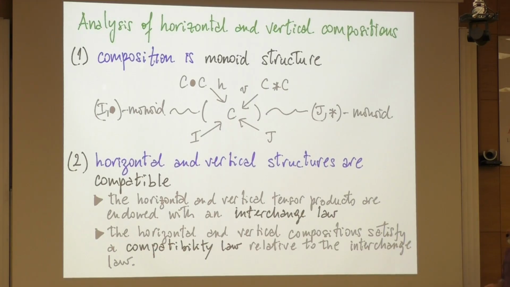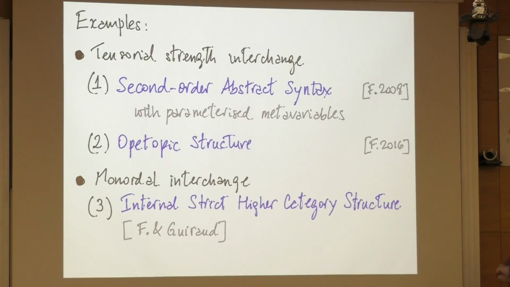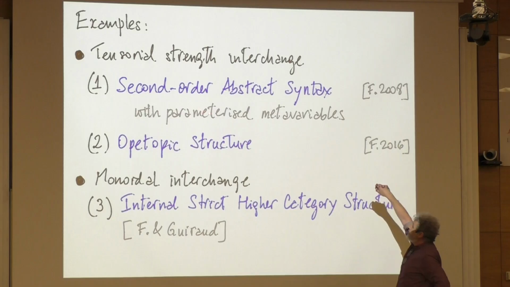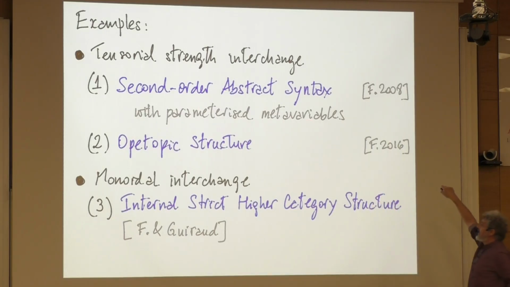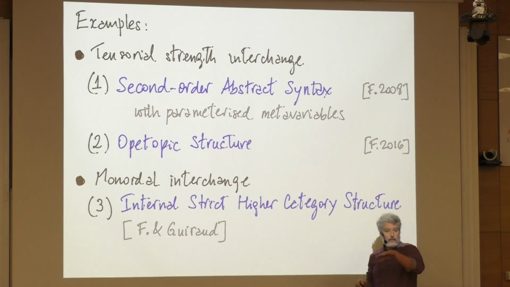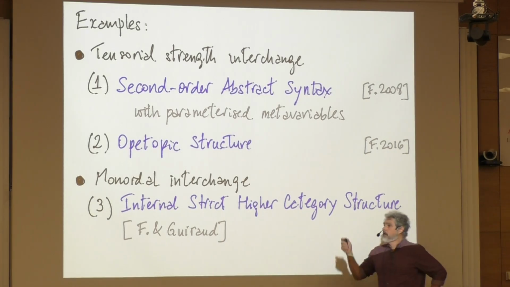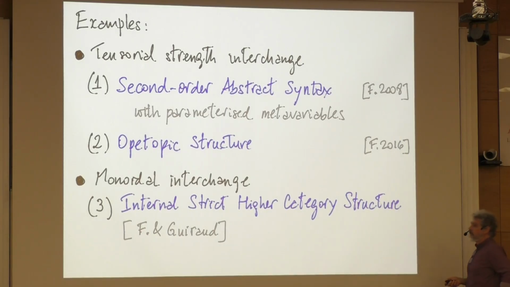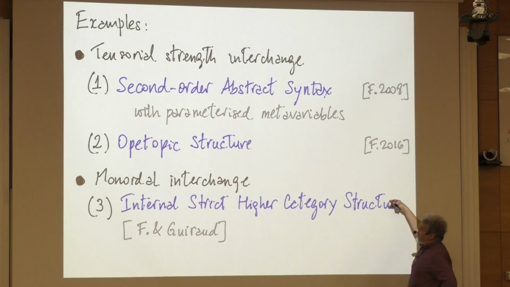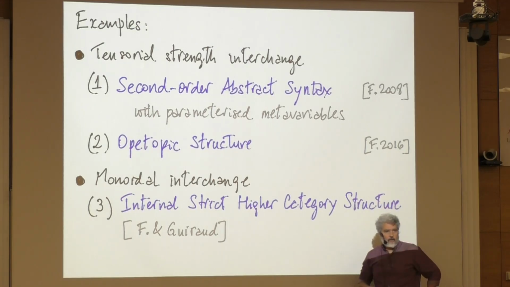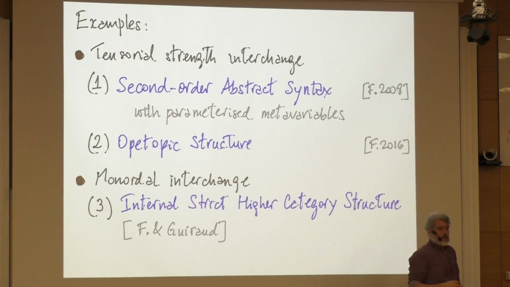So what setting are we going to look at now? There are many settings in which you can do this. I have done it previously in the context of syntax. This work is about opetopic structure in particular from the combinatorial point of view, which I'm going to look at in the second part of the talk. You can also do it for strict higher category theory. You will use a different kind of structure.